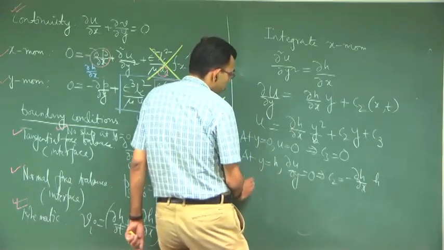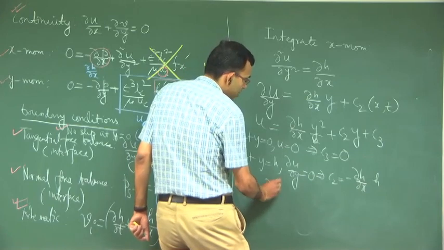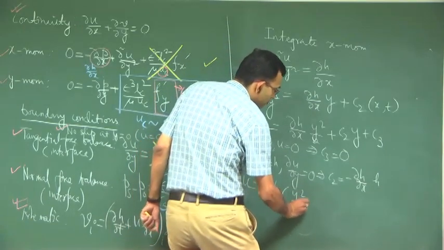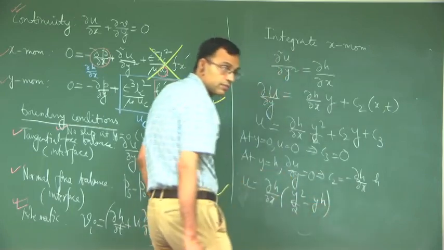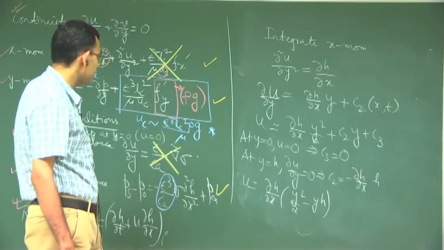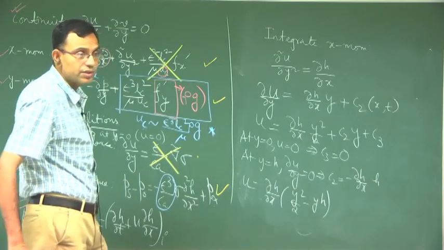So, you have u equal to del h del x into y square by 2 minus y h. This is our velocity profile. So, next step is integrating the continuity equation.